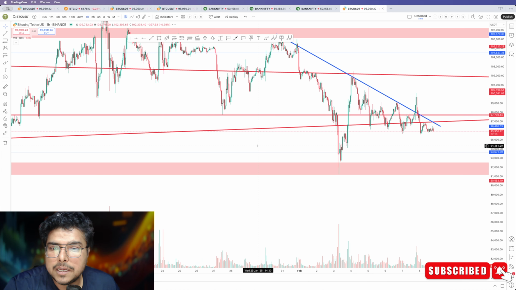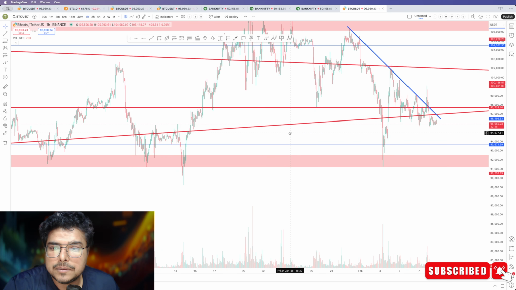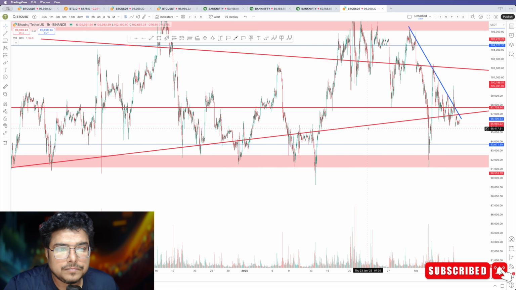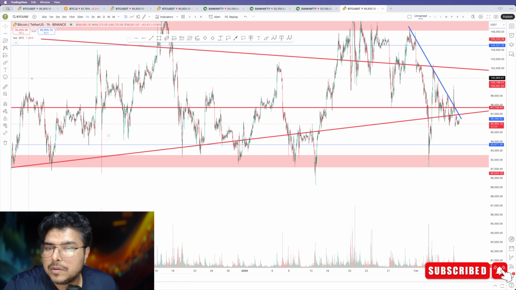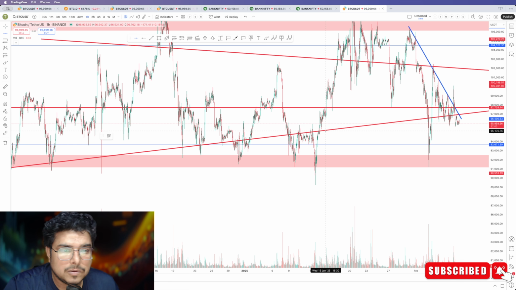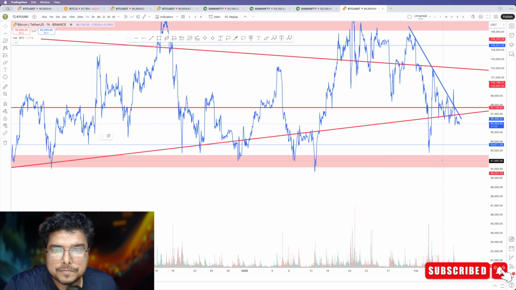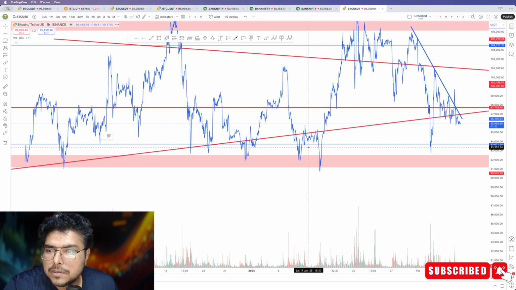Okay, and so the level, yeah, this is around this level. This is moreover on the hourly chart. Yeah, we already have this level here.